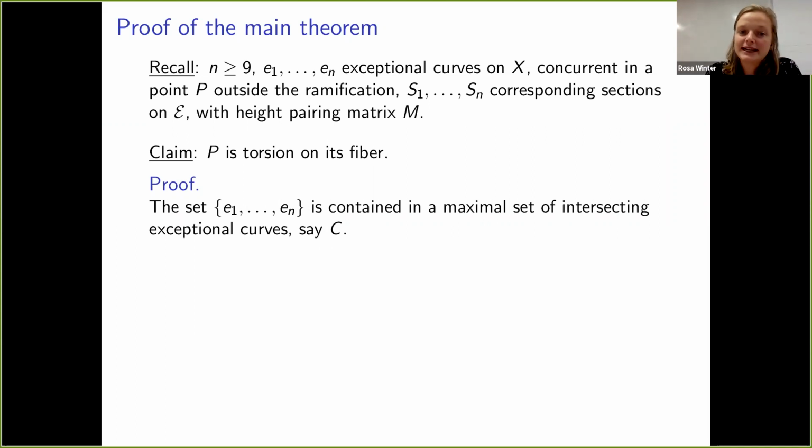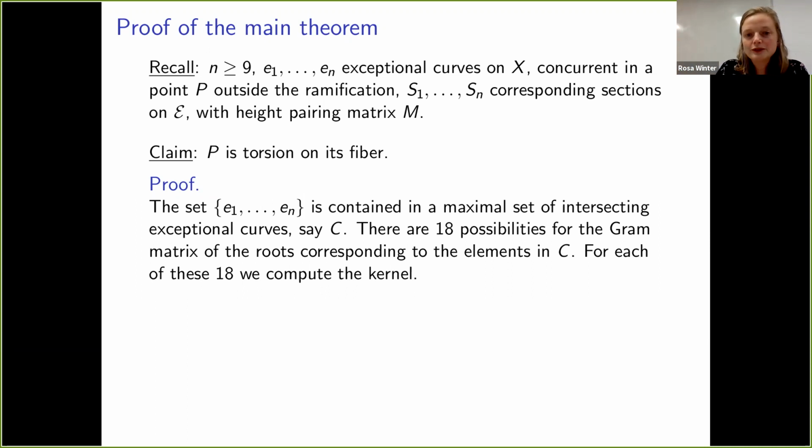The set of n exceptional curves is contained in a maximal set of intersecting exceptional curves. By maximal I mean that there are no other exceptional curves intersecting every one of the curves in your set. So either it is itself already maximal or it is contained in a maximal set.